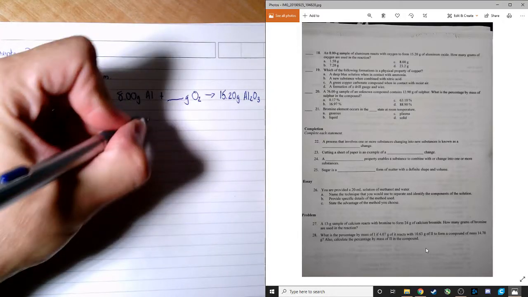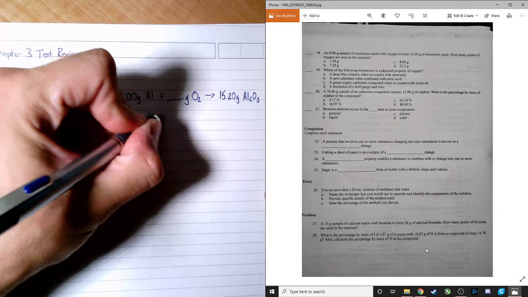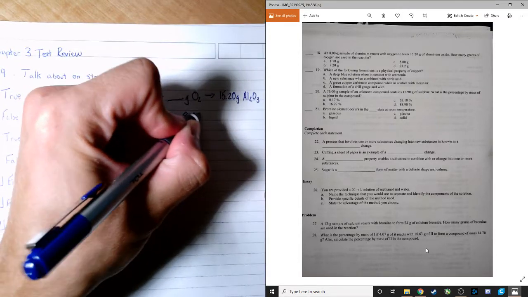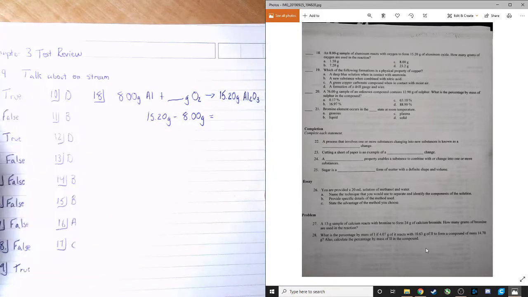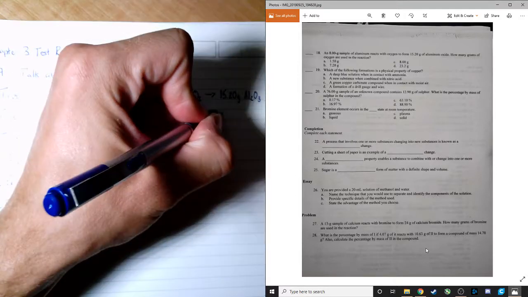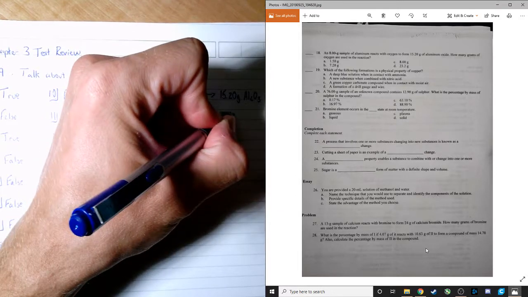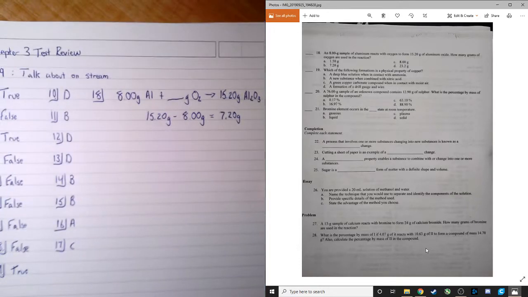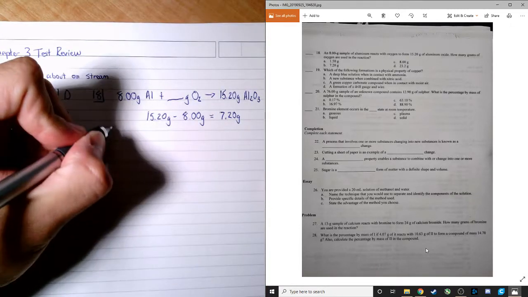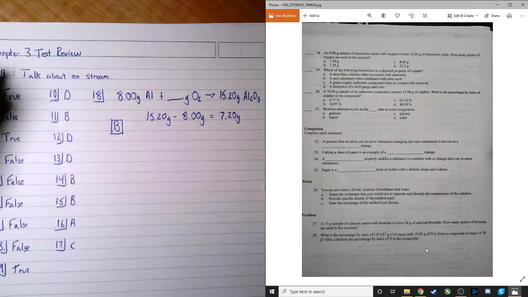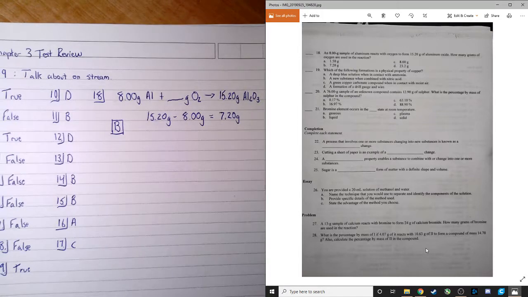So we take the 15.2 grams, subtract 8 grams, and that gets us our answer for oxygen. When you do the math, 7.20 grams. That is choice B. So that is your answer there.